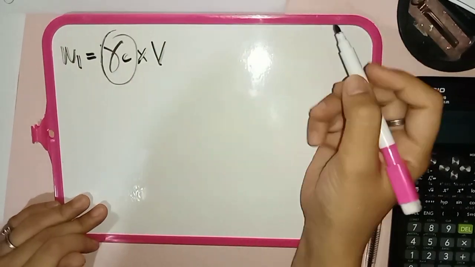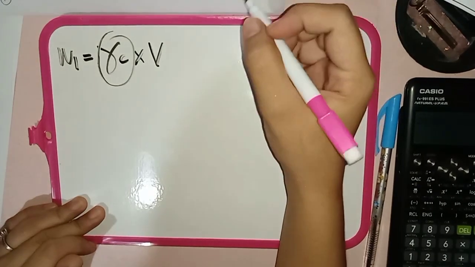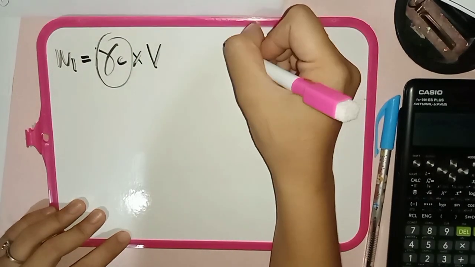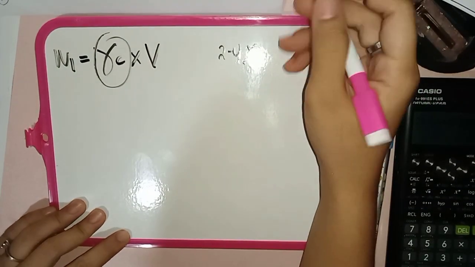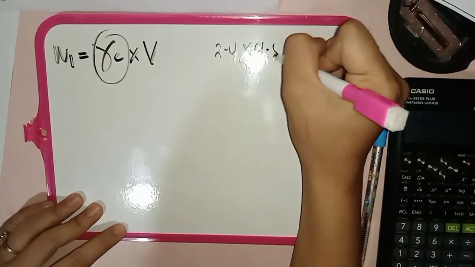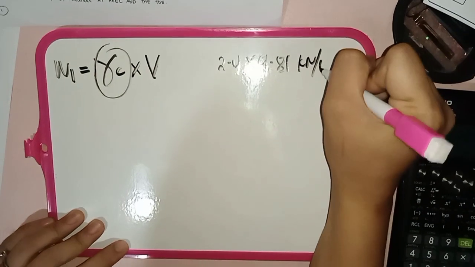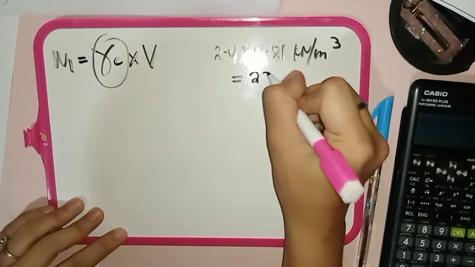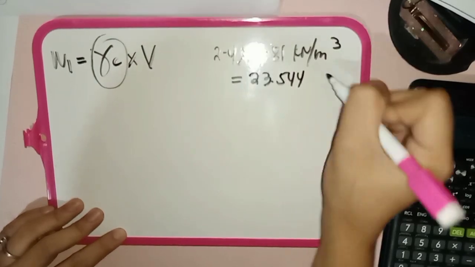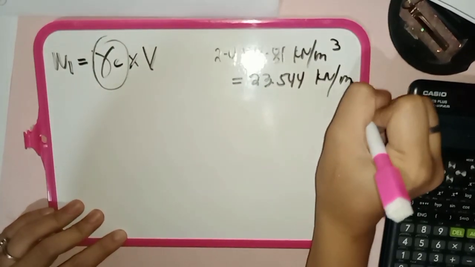Our unit weight of concrete is obtained from the given specific gravity of 2.4, which we just multiply by the unit weight of water, 9.81 kN per cubic meter. If we multiply these two, we get 23.544 kN per cubic meter.